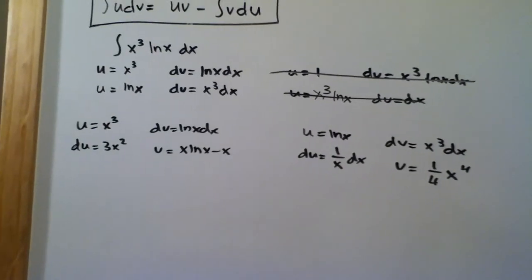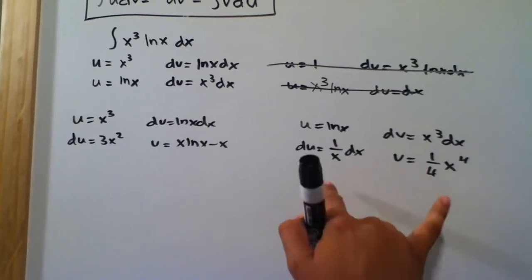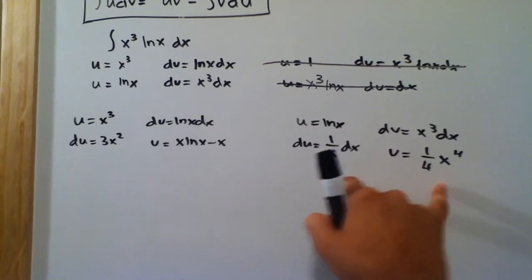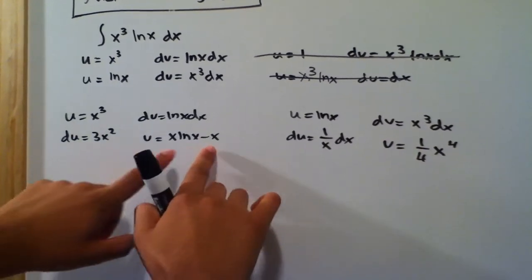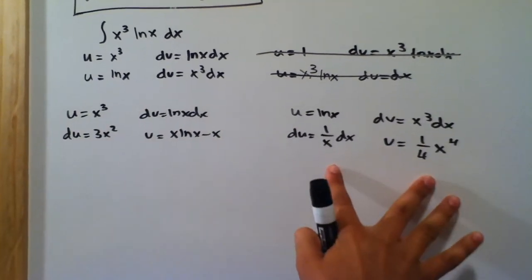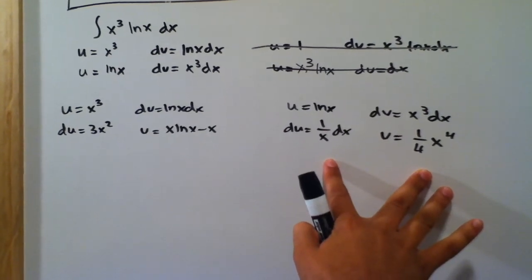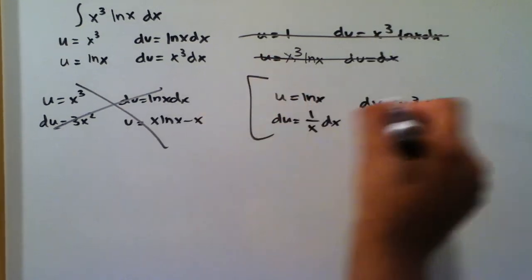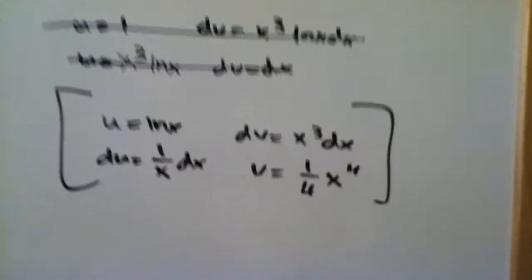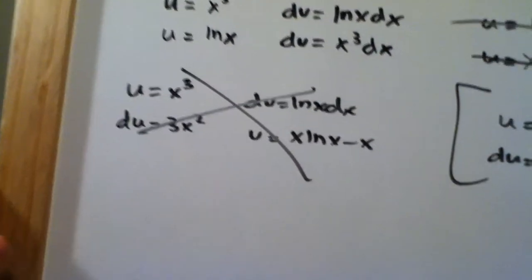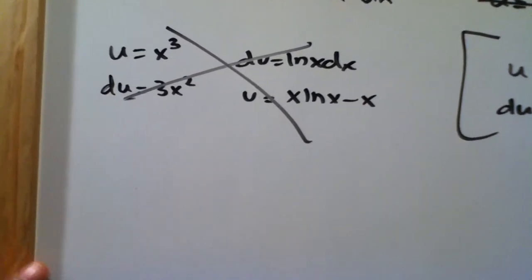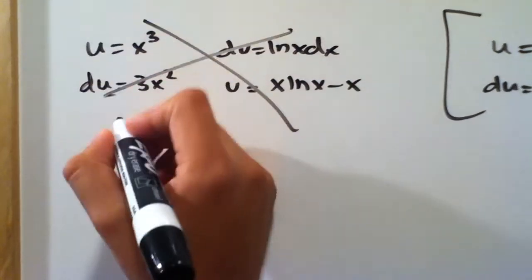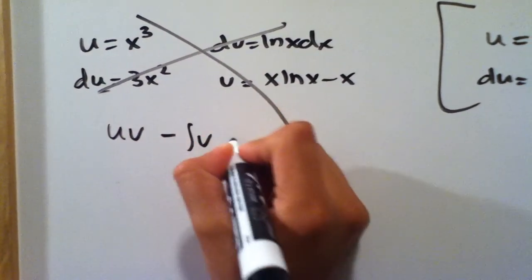Obviously the one on the right looks simpler, because here you have two separate parts and another subtraction sign, and there you just have one product of a multiplication. So let's eliminate this and go with this one. Just for the example's sake, let's show what happens with the first option. You will have u times v, because that's the formula, uv minus the integral of v du.